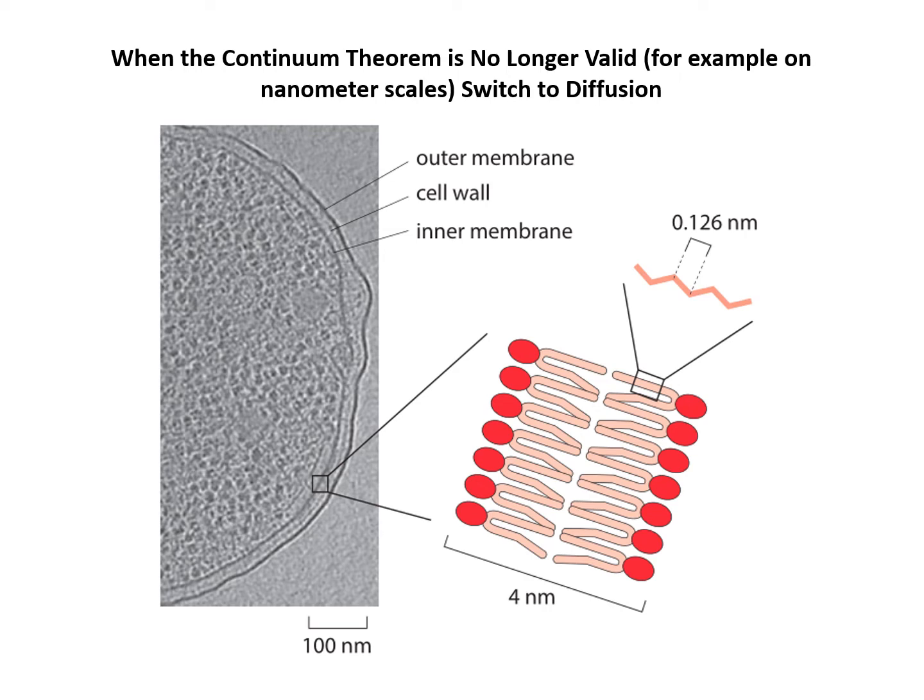And so if you wanted to study the flow of water or solutes through an ion channel, for example, well, a membrane is around 4 nanometers in thickness. And water is a lot more dense than air.